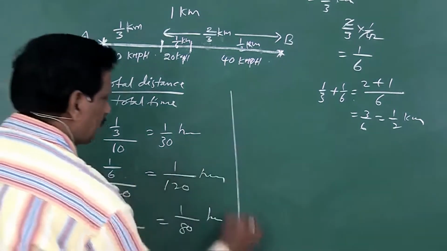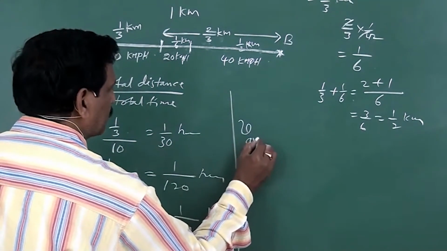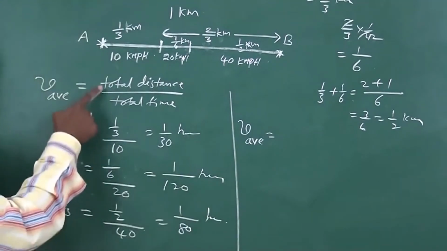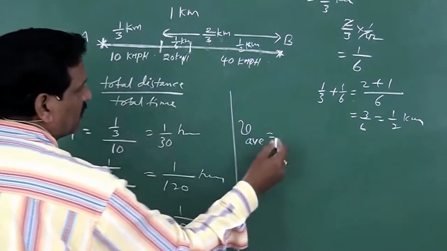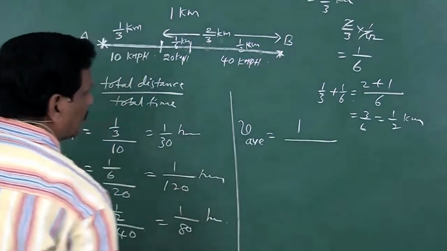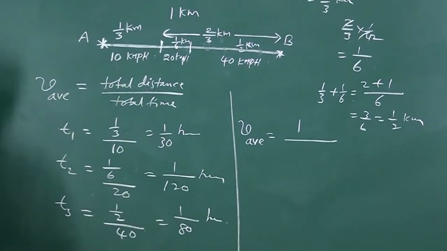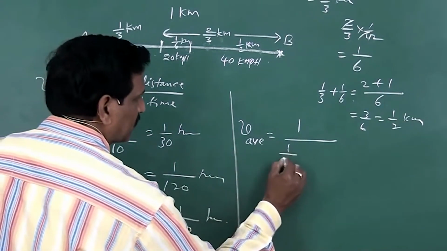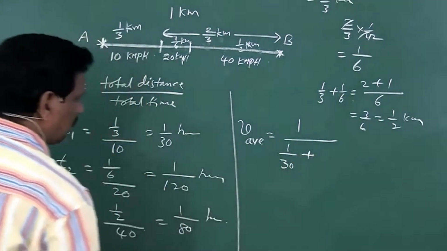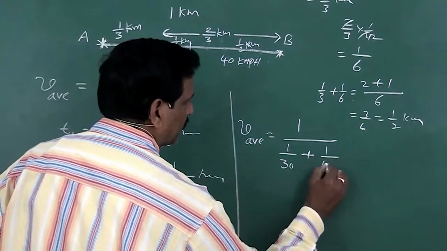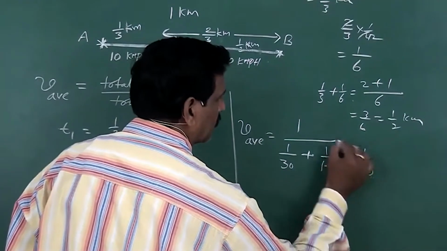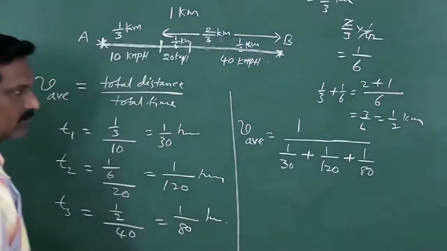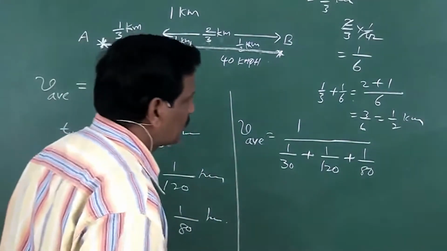Then we find the average speed. So V average is equal to total distance by total time. Here total distance is assumed to be 1 kilometer. So 1 by t1 plus t2 plus t3. t1 plus t2 plus t3 means 1 by 30 plus 1 by 120 plus 1 by 80. So this is average speed.